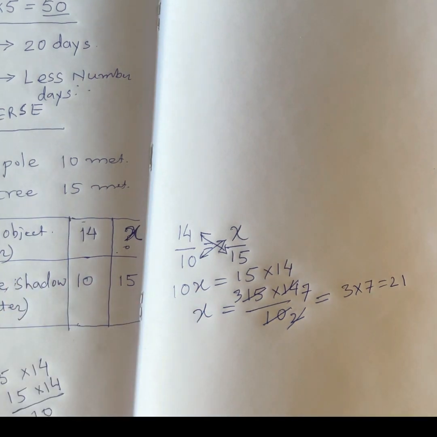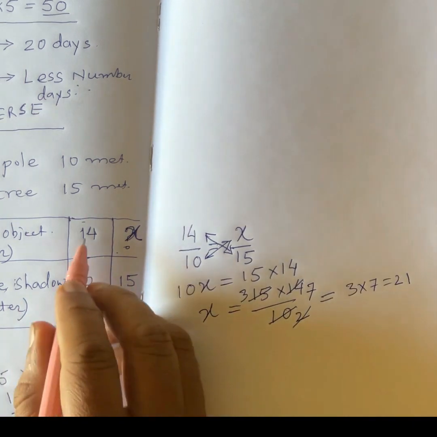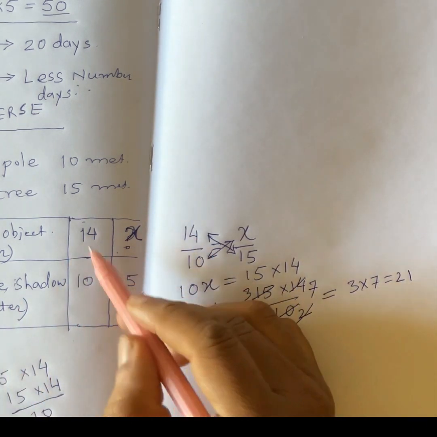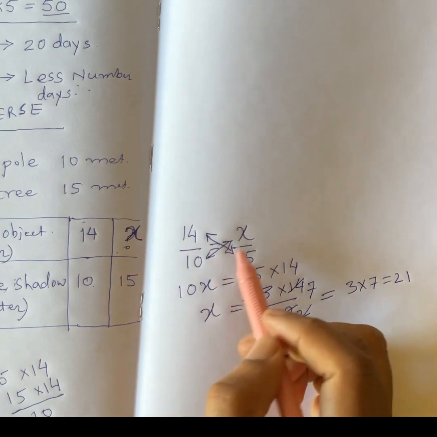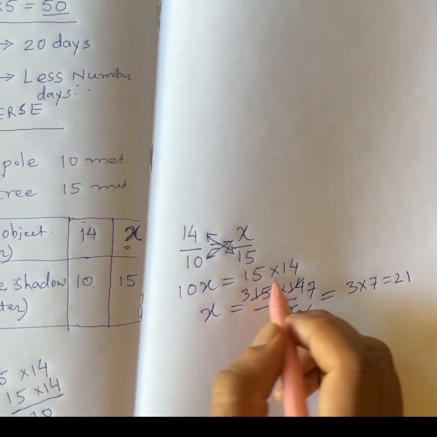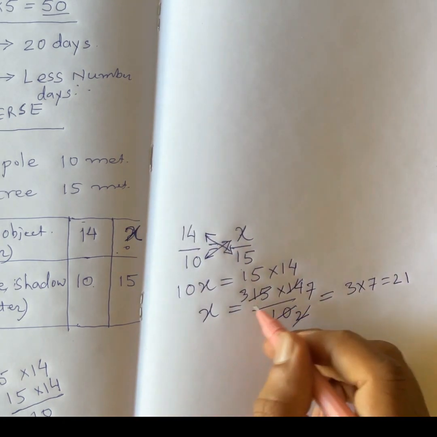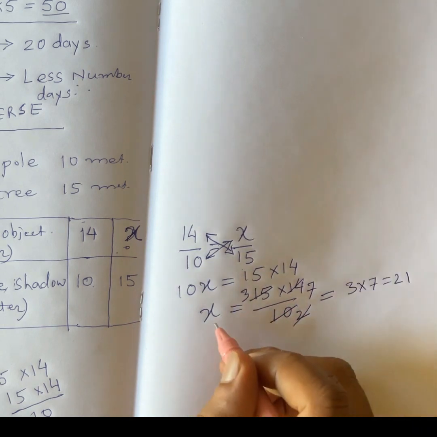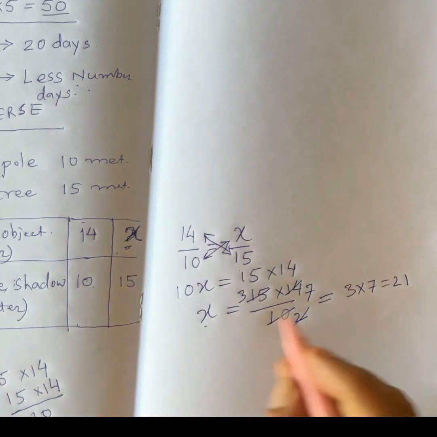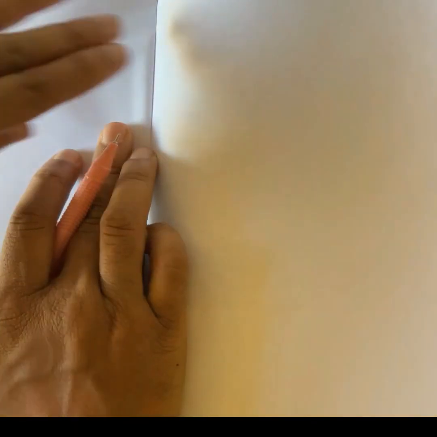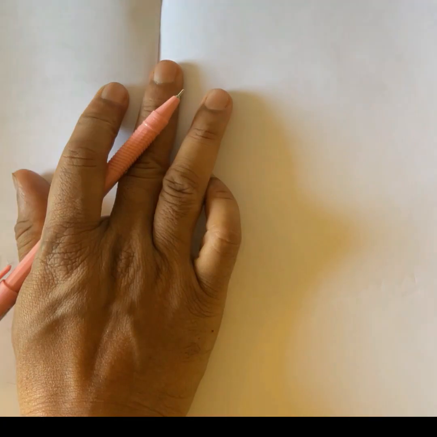If it is direct, you write the numerator and denominator in this format, then do the cross multiplication, and you get the value of the unknown x. We will move on to an inverse problem next.